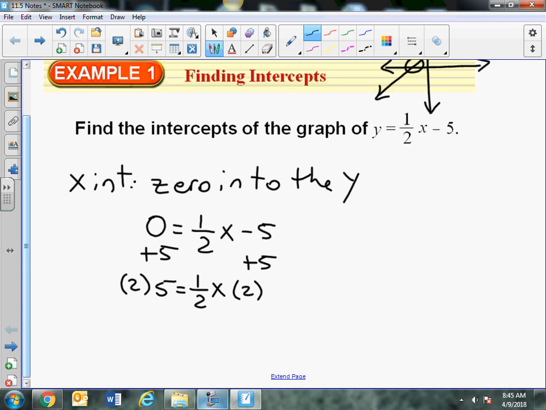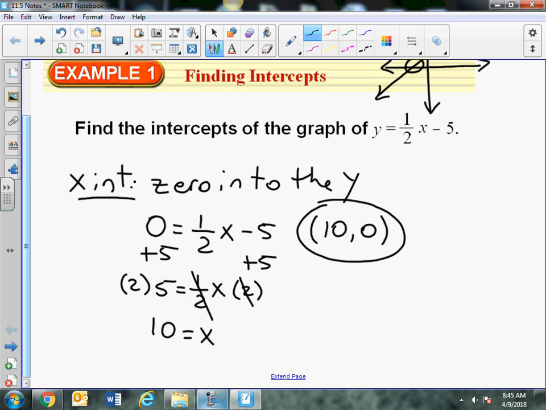So 1/2 times 2 is going to cancel itself out. You are left with x, and that is going to be equal to 10. So the coordinate for the x-intercept is going to be 10, and then the y is 0. Okay, so the x-intercept is (10, 0).